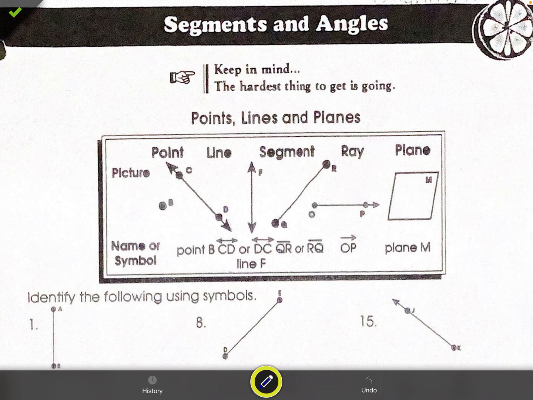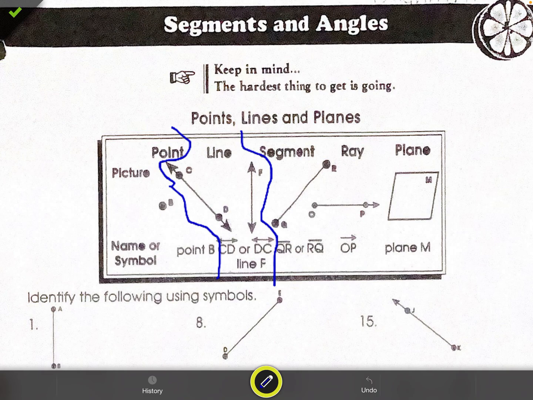So if you look here, this is a point and they call it point B. And then the next picture is a picture of a line, and notice that they're calling it line CD or line DC, or they're calling it line F. So let me break that into what you want to look at.